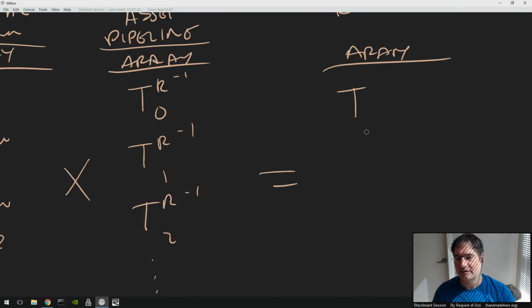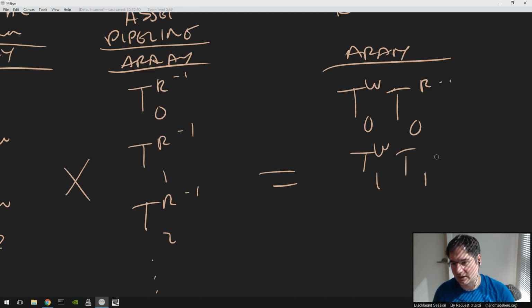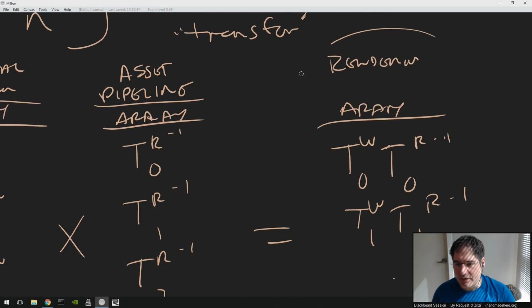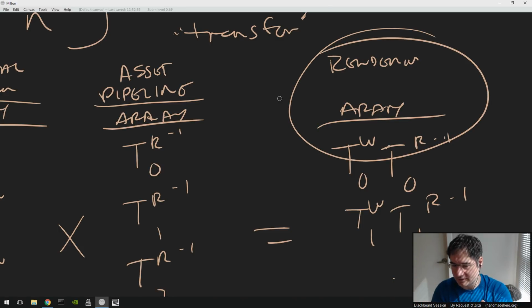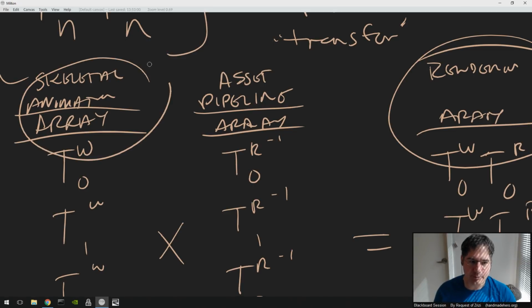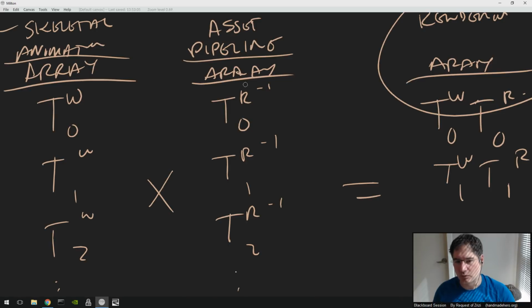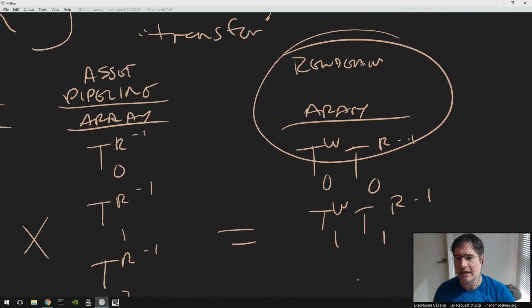And that is T0W times TR0 inverse, T1W times TR1 inverse, blah, blah, blah, right? This is the final goal of a mesh skinning skeleton pipeline. It is the output of the skeleton animation system times the asset pipeline's inverse rest pose stored array. That produces a final transform that is just 2 matrices times each other for each slot. That is our rendering array.